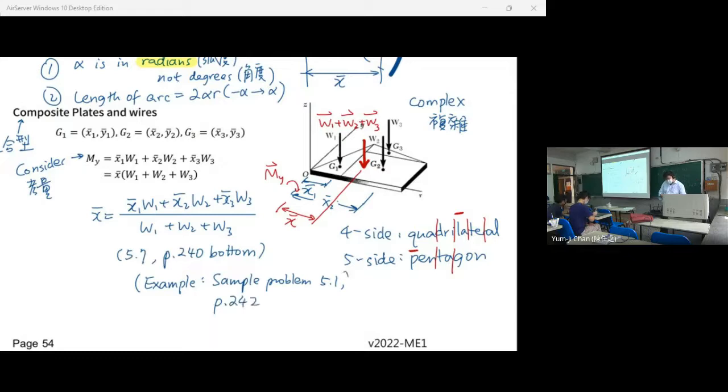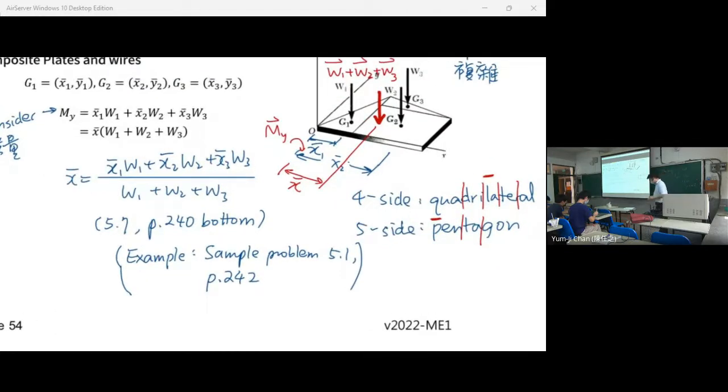I will do a 3D problem later, but you can take a look at example 5.1. So we are using the equivalent moment to write these two equations, and we compare these two equations. You get x bar here, and if you want the equation in the book, it is on page 240.